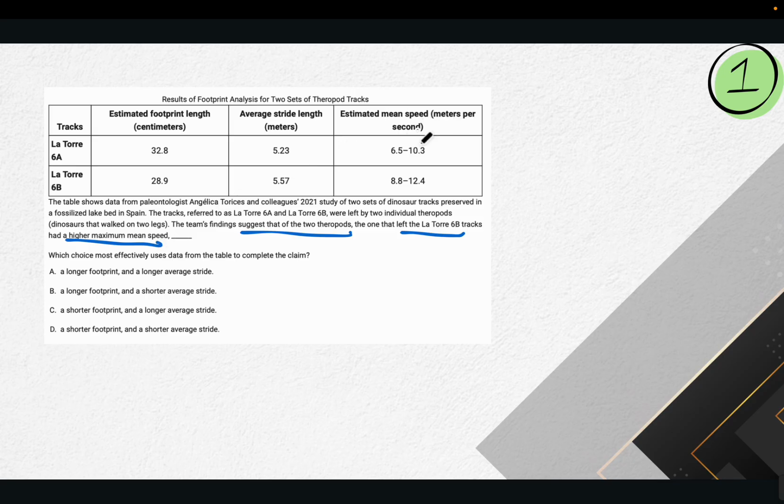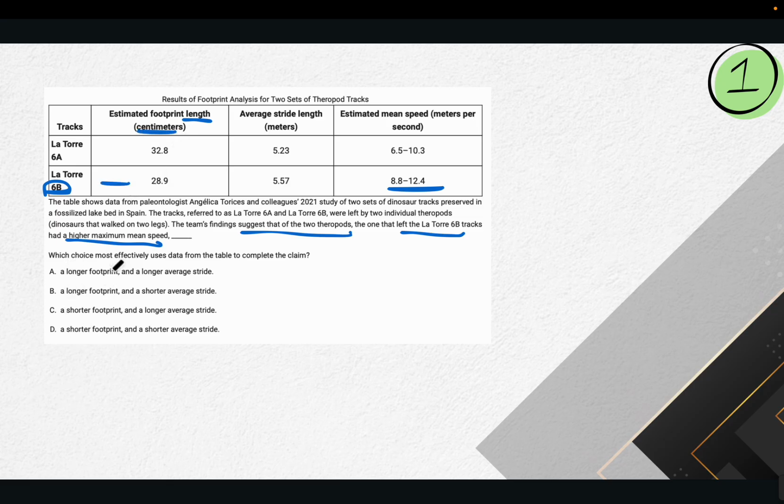So the mean speed is already given, that this one, 6B, had a higher maximum speed. We look at the comparison of these two. So we compare these two, 32.8 and 28.9.